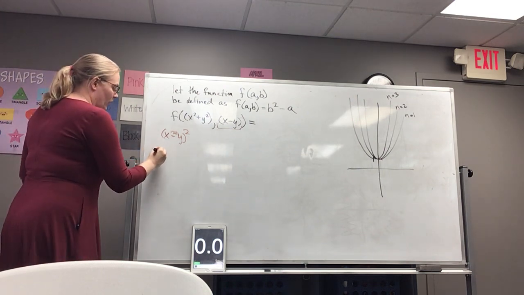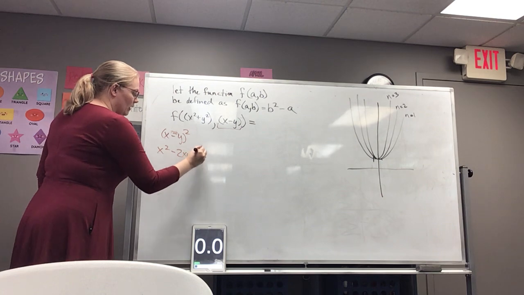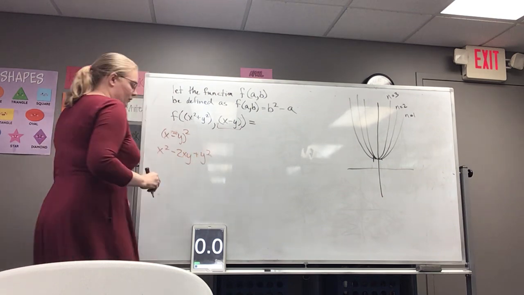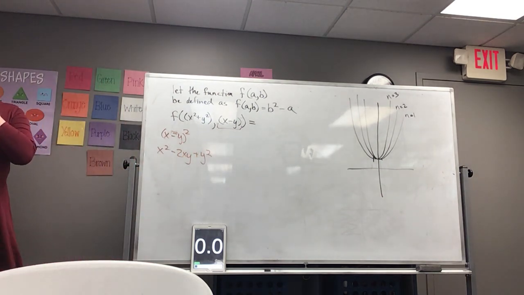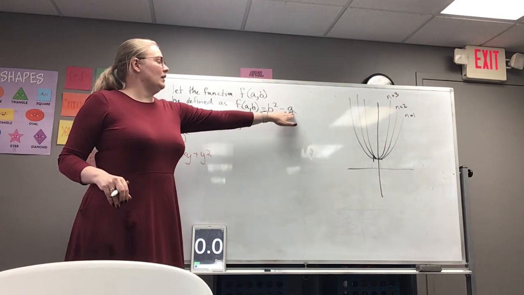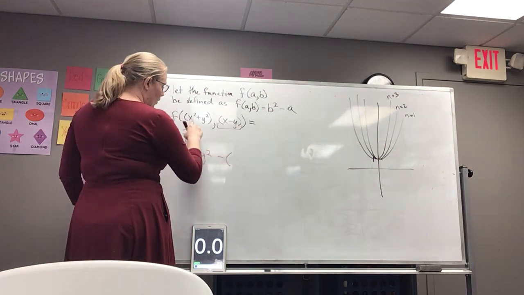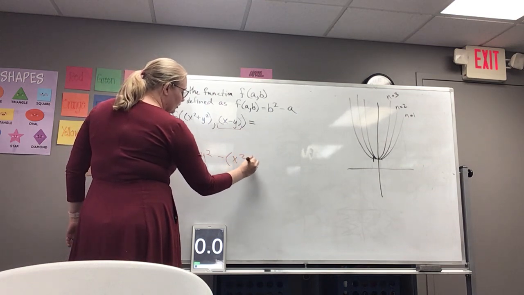You end up with x squared minus 2xy plus y squared. And now we are subtracting this piece, the whole thing, x squared plus y squared.